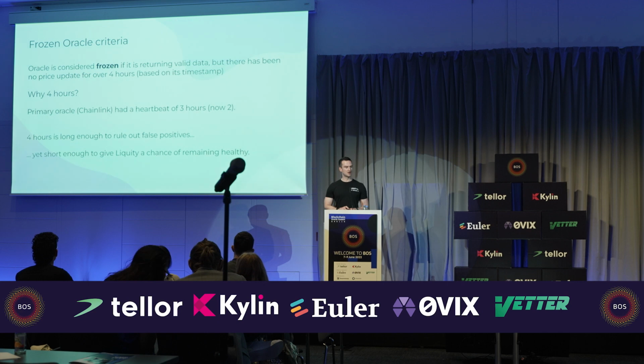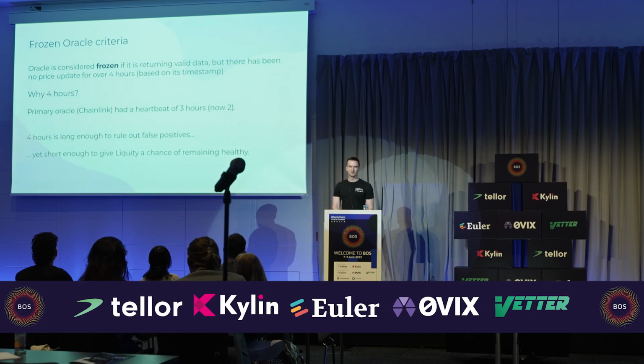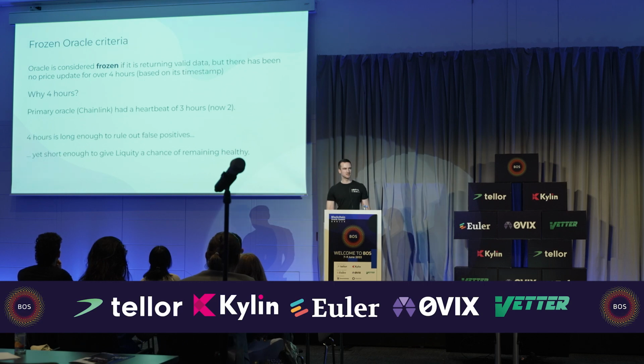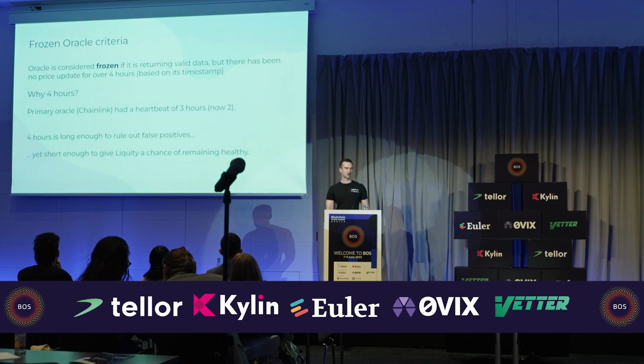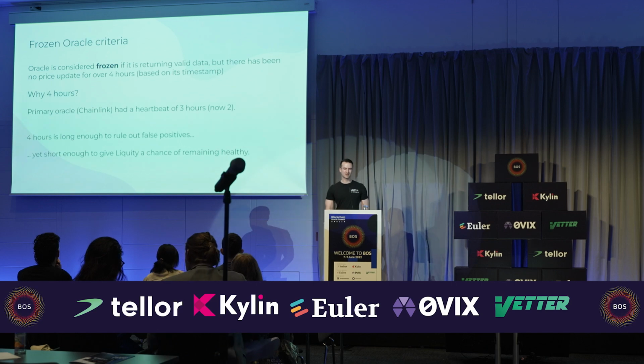The criteria for a frozen oracle: basically, an oracle is giving Liquity good data, but it's just out of date. If the timestamp is more than 4 hours old, we consider the oracle frozen, and if the primary is frozen, it will switch to the secondary. So why did we choose 4 hours? Well, it's not rocket science, honestly.